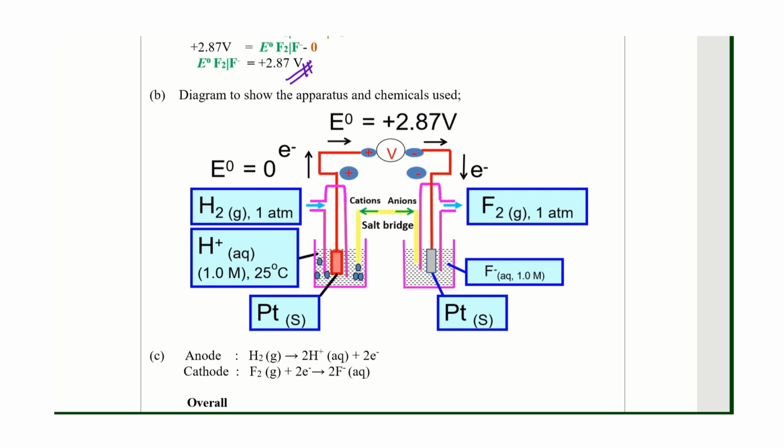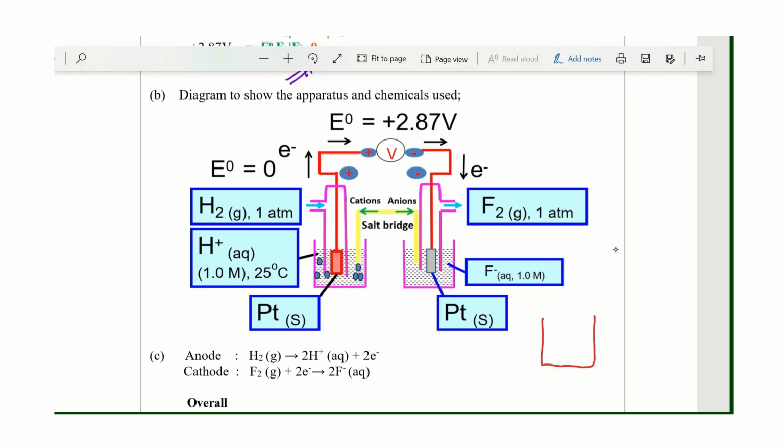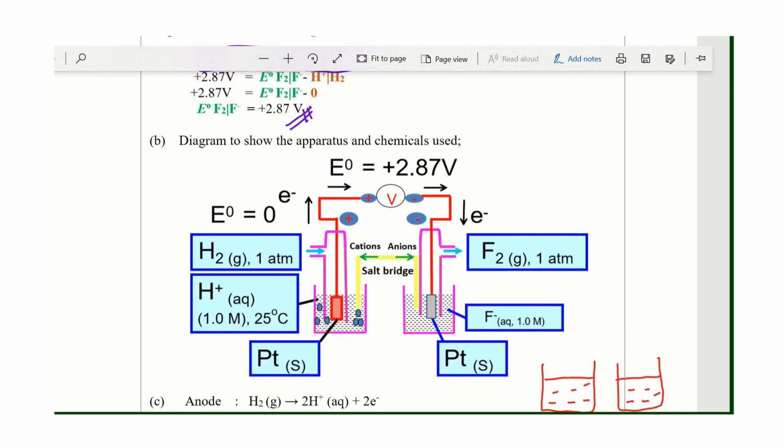Your drawing must have 2 beakers containing 2 electrolytes. The electrolyte must be drawn like this, because it indicates the electrolyte. And this is a galvanic cell.